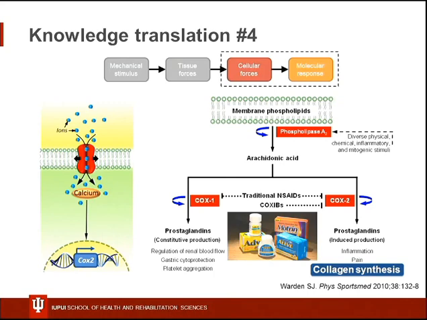So when you get mechanical stimulus of a cell, the cyclooxygenase enzymes result in collagen synthesis. And how this is relevant is that if people are taking prophylactic NSAIDs, so they're taking NSAIDs prior to their exercise, what they're doing is shutting down cyclooxygenase.